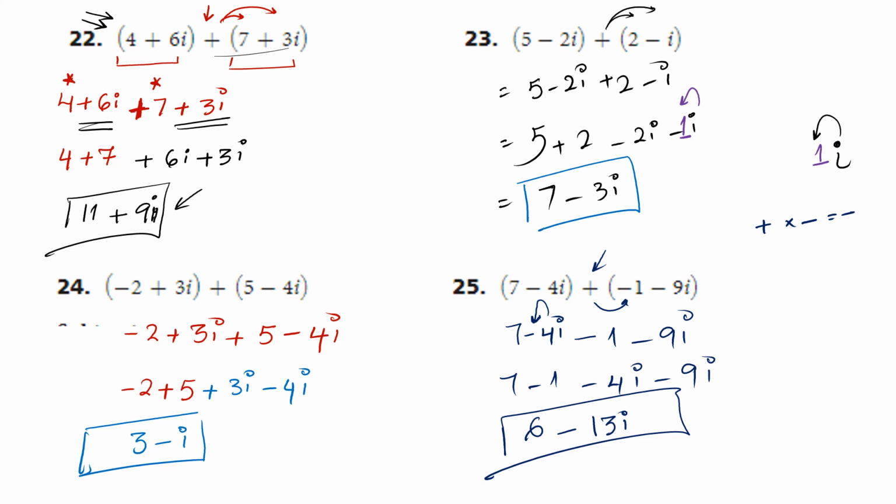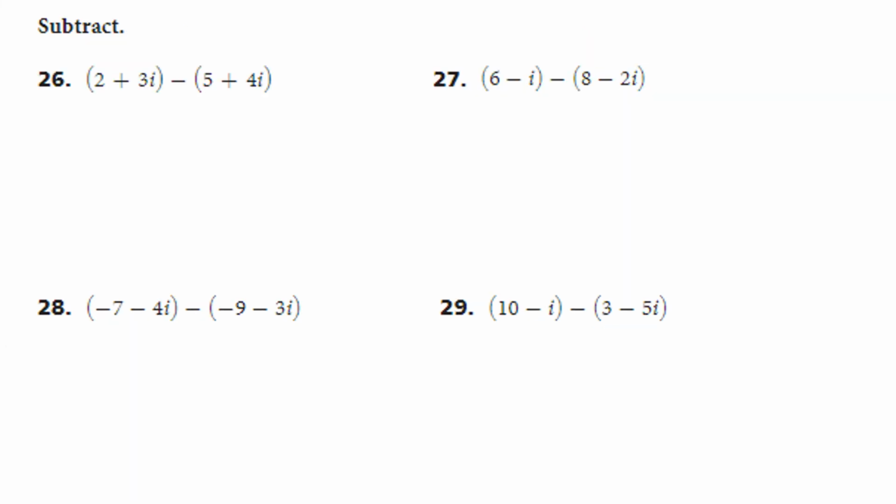Let's practice a few more questions about the subtraction. Now before subtraction, you must remember that plus times plus gives us plus. Plus times minus or minus times plus always gives us minus sign. Minus times minus gives us plus sign. What is the most important thing?